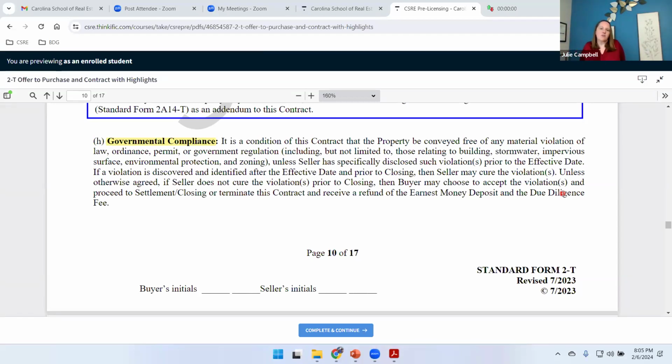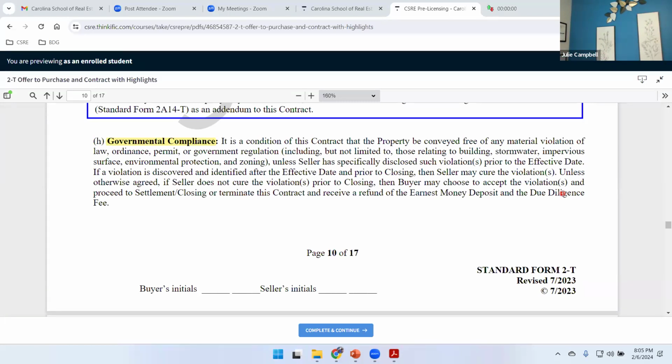In this case, it's almost best for the seller to fess up about any zoning issues or permitting issues, that kind of thing. All they have to do is disclose it. Failure to disclose it means that it could give the buyer an out if they choose to terminate. They also have the option to accept the property with that violation if it's discovered.